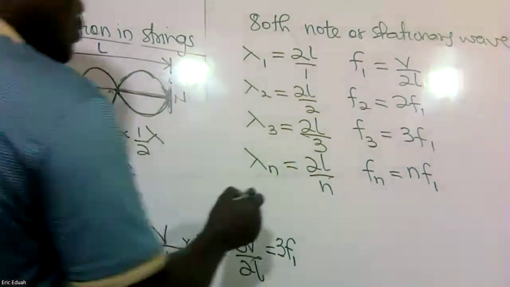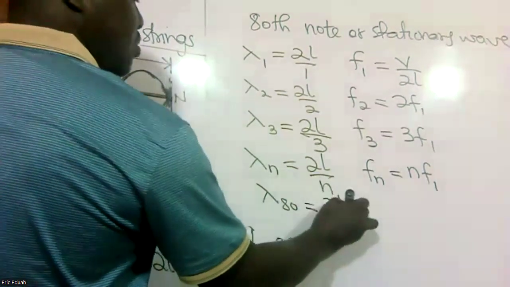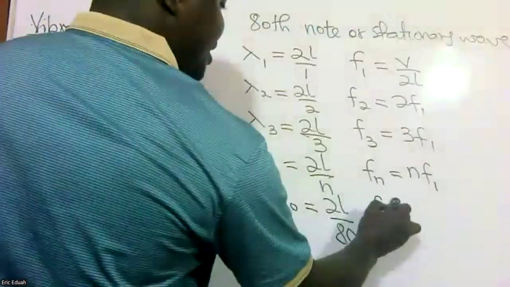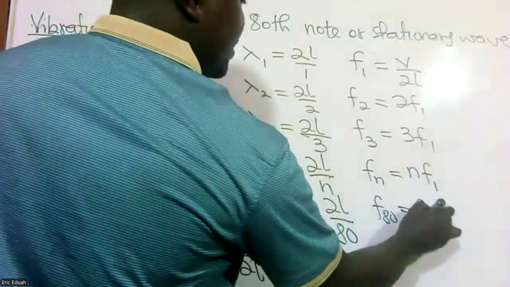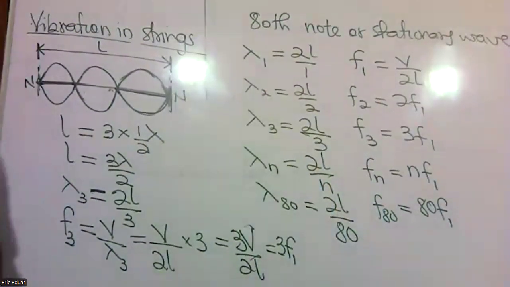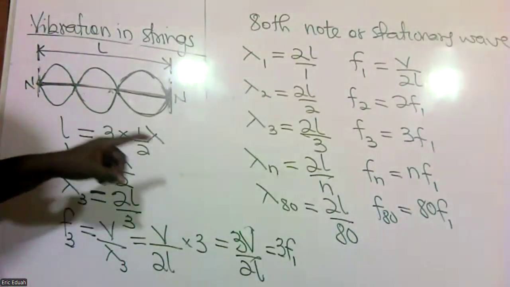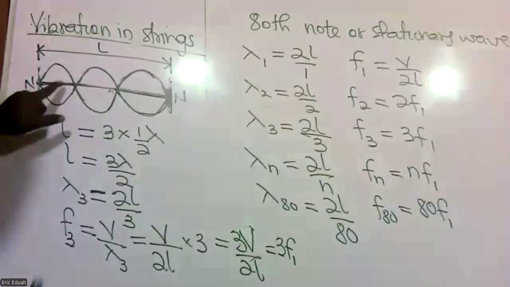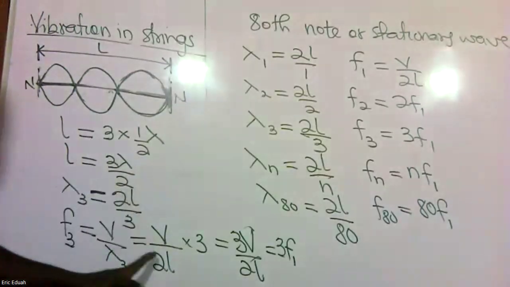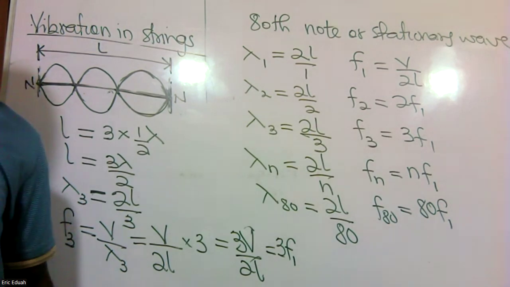So if I'm asked to find the wavelength of the 80th note, it's simply 2L over 80, and F80 would be 80 times F1. So the n relation would help you, or will stop you from drawing a lot of notes before finding the wavelength and frequency. Please, is that understood?